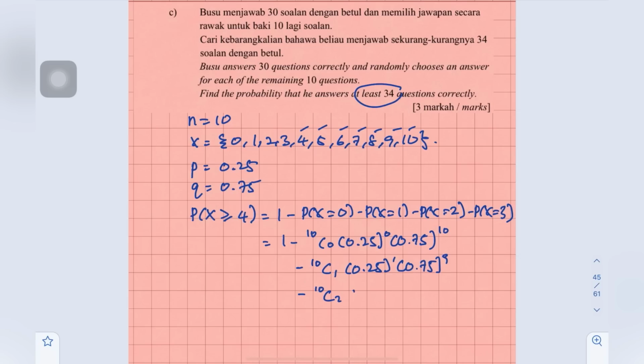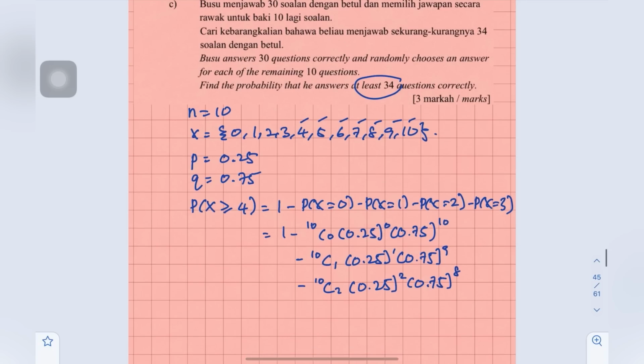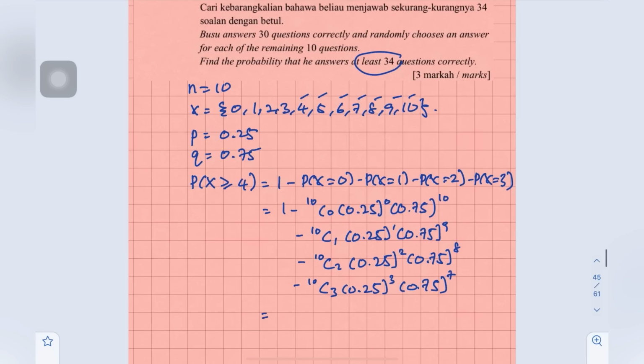Minus 10C2, 0.25 power of 2, 0.75 power of 8. And minus 10C3, 0.25 power of 3, 0.75 power of 7. Okay, so then we calculate this. The probability is 0.2241.